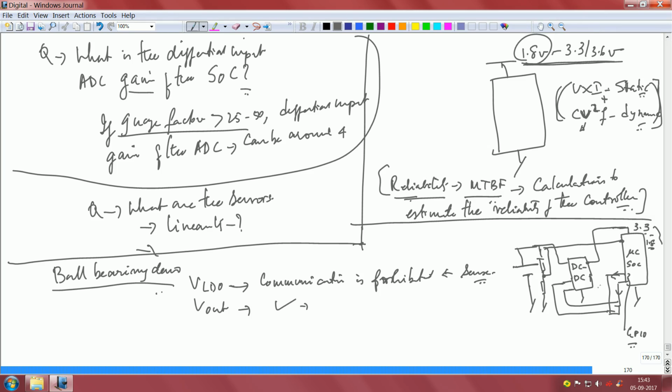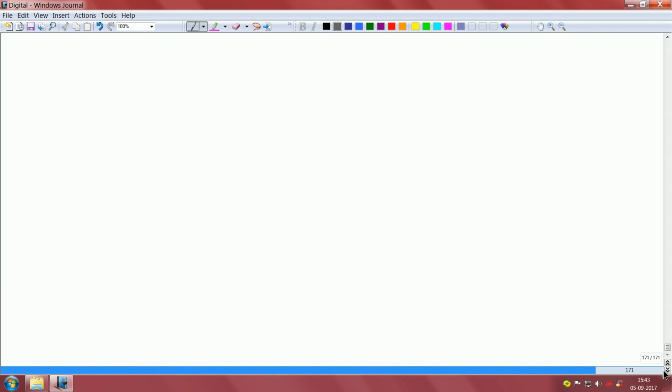Often this DC-DC converter and even an LDO are integrated inside the SoC many times. The choice of whether you want to use LDO or DC-DC you can make with an external pin.